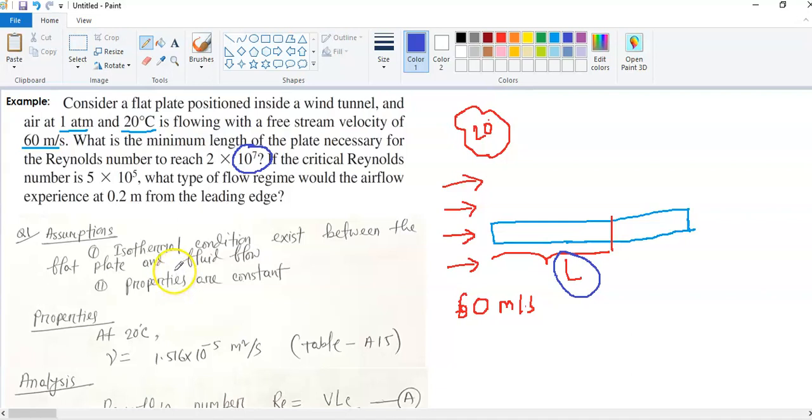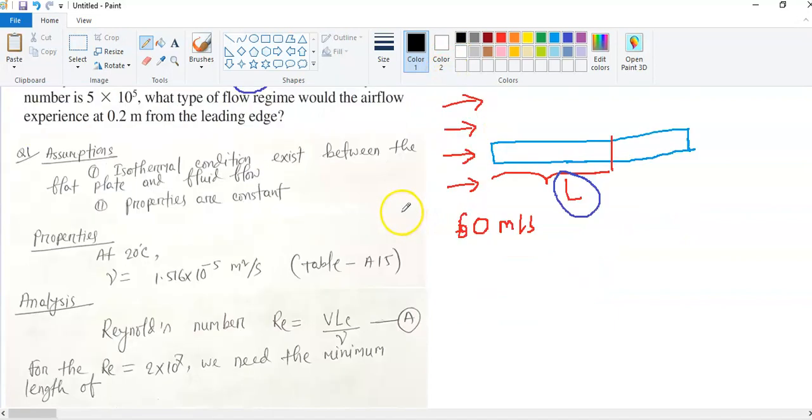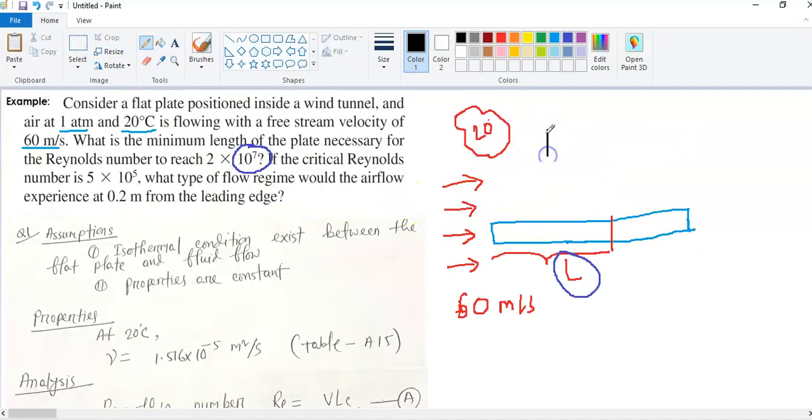If you can remember from the theories, during the lecture we gave the definition of the Reynolds number. The Reynolds number is a non-dimensional number. It depends on the free stream velocity, the characteristic length, and kinematic viscosity.